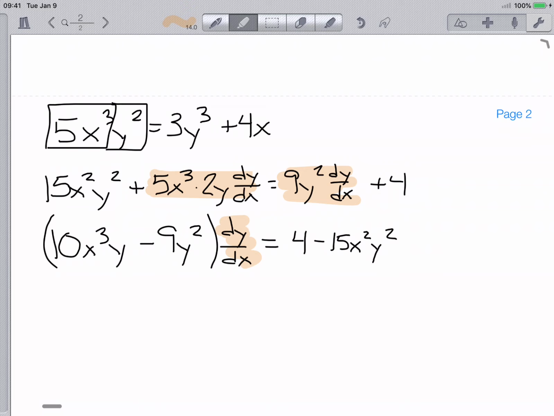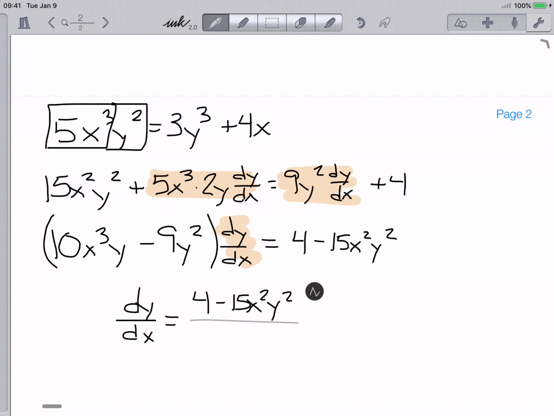I did 2 steps in one. Now I just have to do division. So I get dy/dx equals 4 minus 15x squared y squared all over 10x cubed y minus 9y squared.